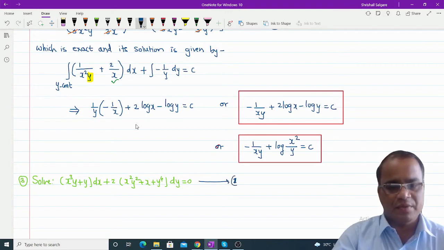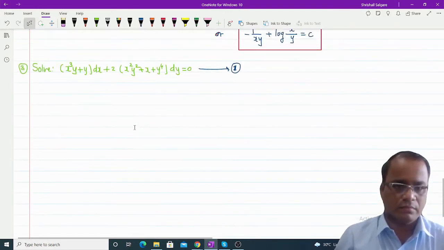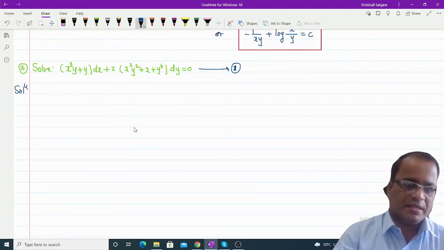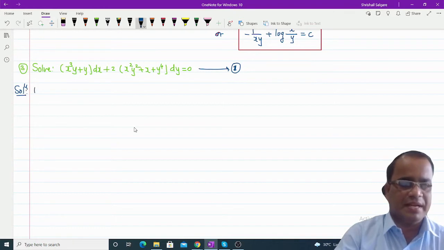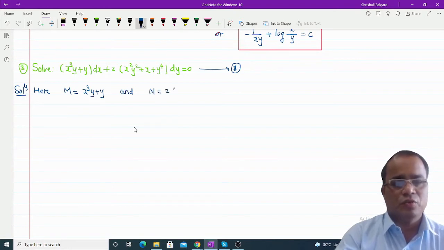Suppose this equation is number 1. If you compare this equation with m dx plus n dy, here the value of m is x cube y plus y and the value of n is 2 into x square y square plus x plus y raised to 4.